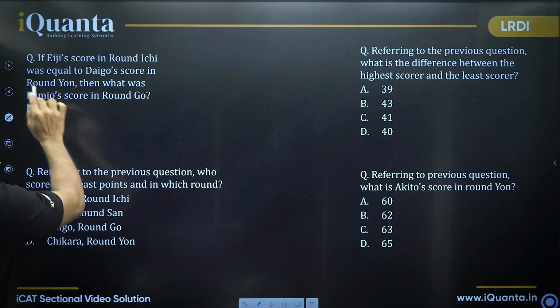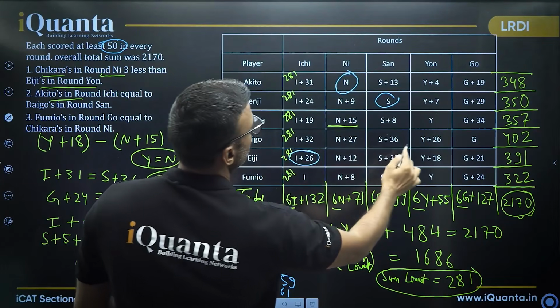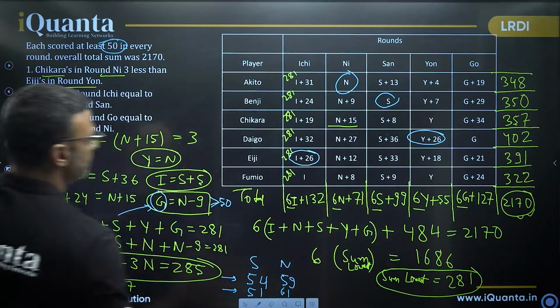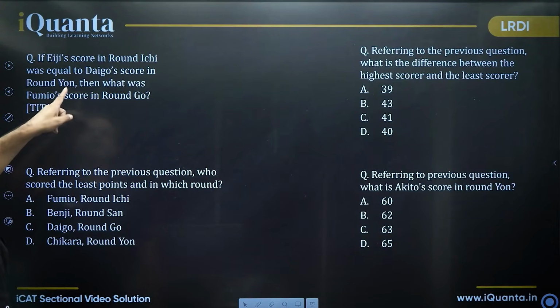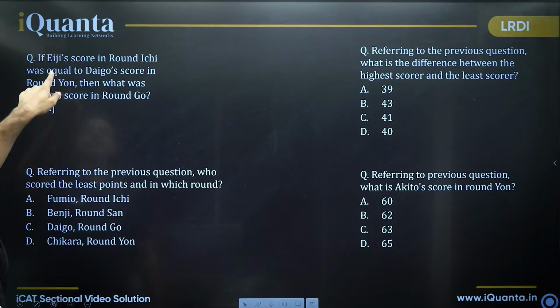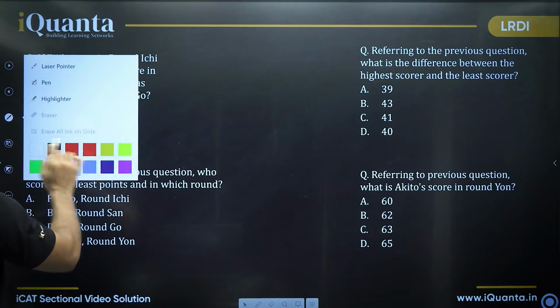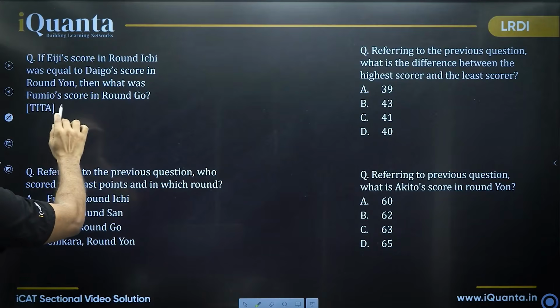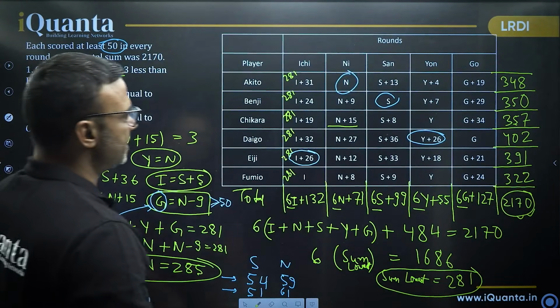Daigo's in round Yon, Y plus 26. What is it asking? It is saying that if they are equal, then what is the Fumio score in round Go? Fantastic. So this is equal.